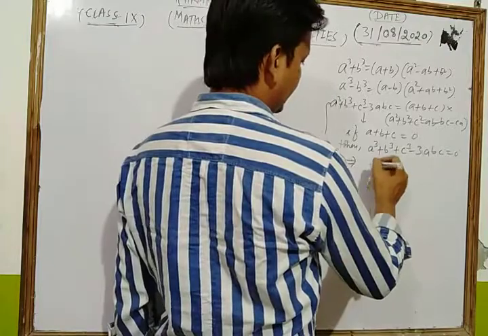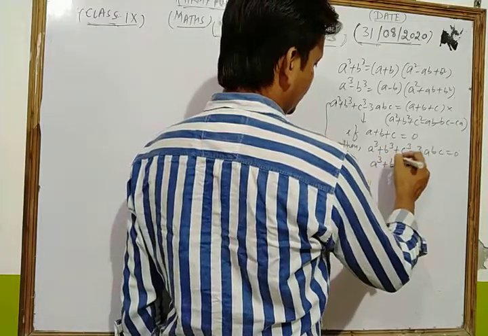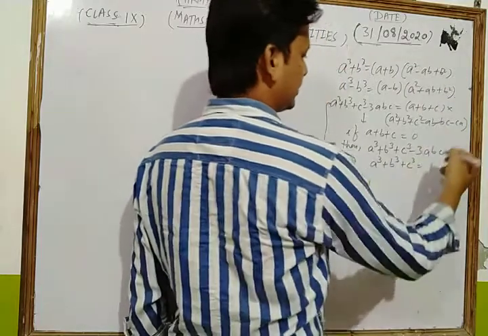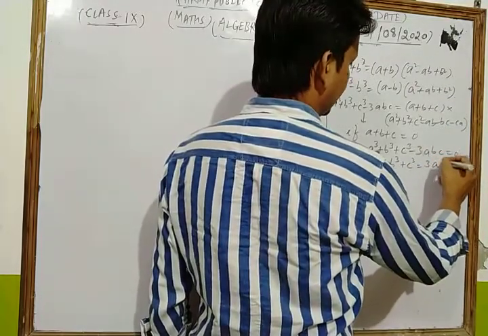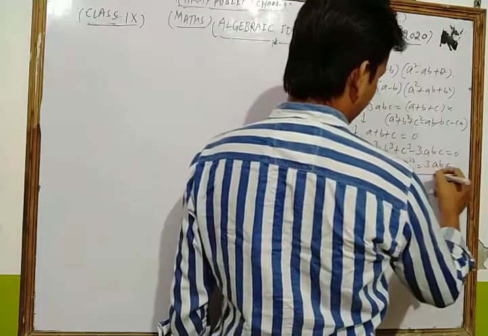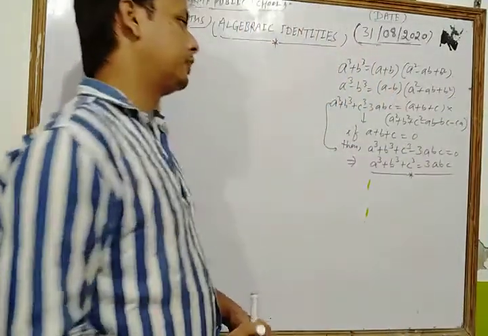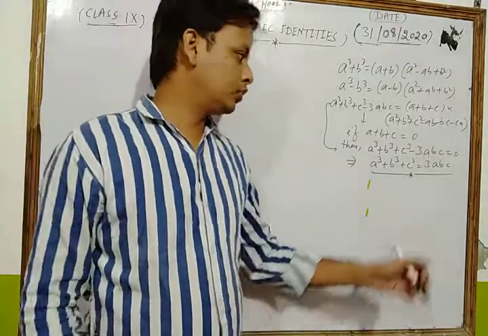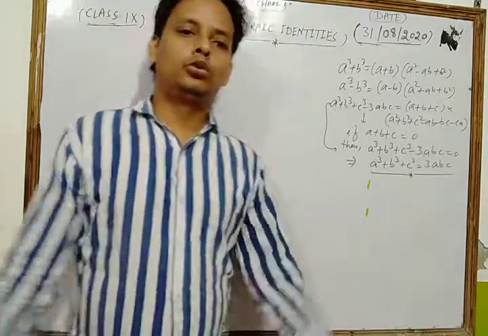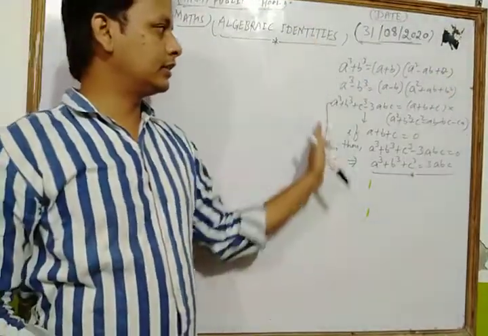In this way, transferring 3abc to the other side, we get a cube plus b cube plus c cube is equal to 3abc.